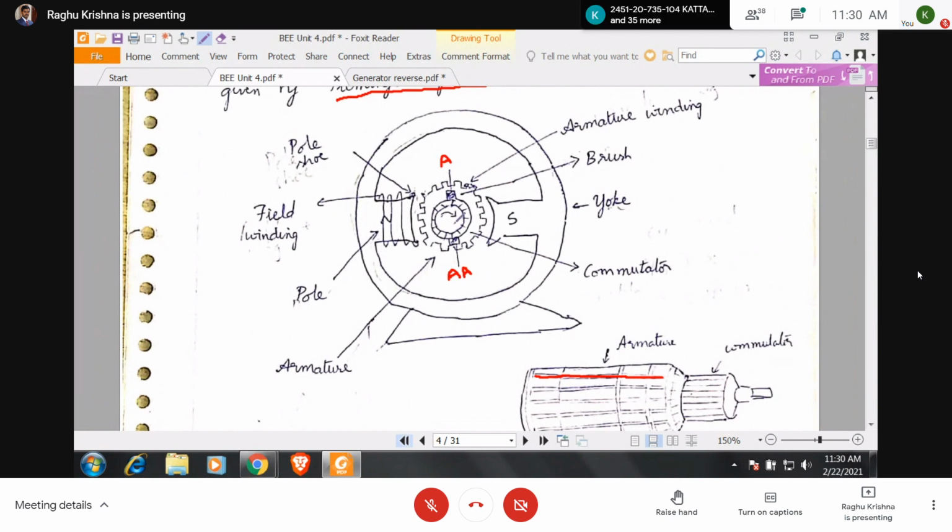If you apply a DC voltage, the shaft starts rotating and we get a mechanical power output. A DC machine can be used both as a generator and a motor.